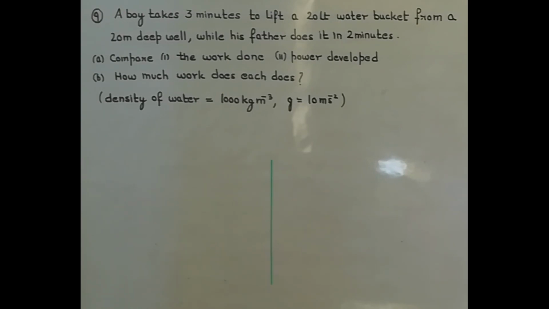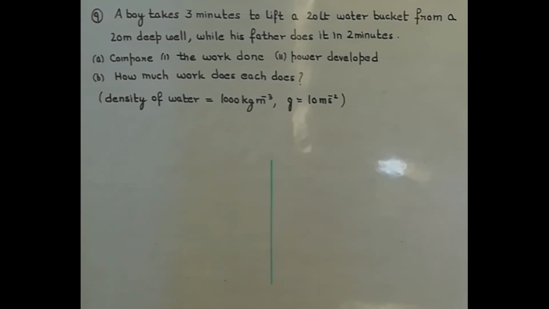So we can straight away write that the comparison of their work will be 1:1, because both are doing the same work. Both are lifting a 20 liters water bucket from a 20-meter deep well. So their work ratio will be 1:1.